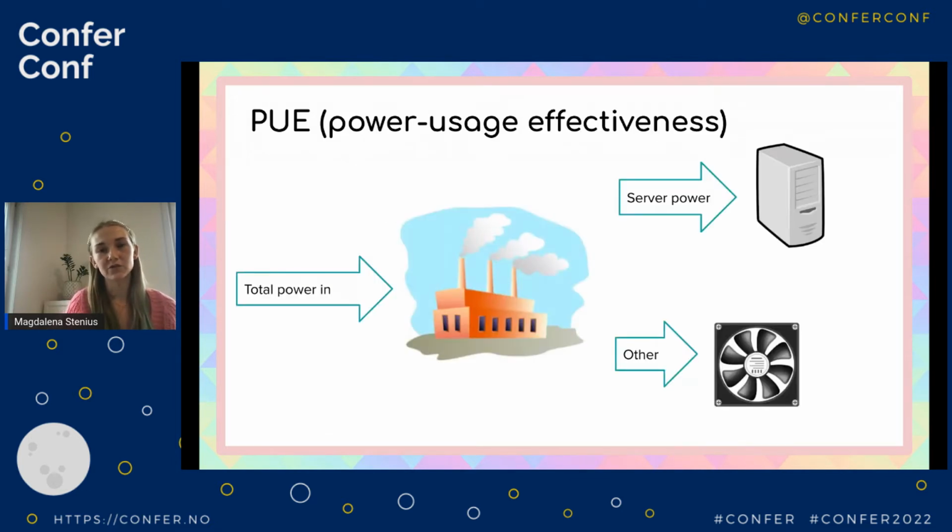For this, we have a useful term called PUE, or power usage effectiveness, which is used to describe the effectiveness of power usage in a data center. The PUE value is built upon the total power coming in, and its relation to the percentage of that power going to servers. So we can think of data centers as being more efficient when more of the electricity coming in is going directly to power the servers and less electricity is needed, for example, for cooling.